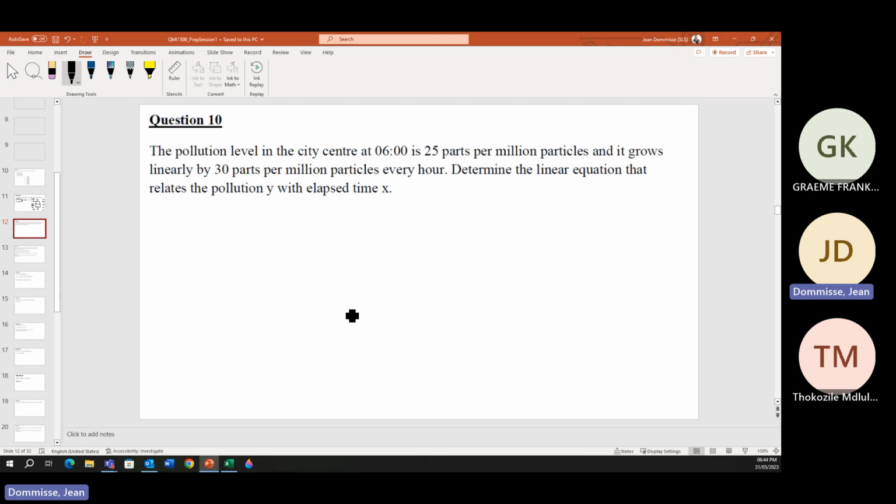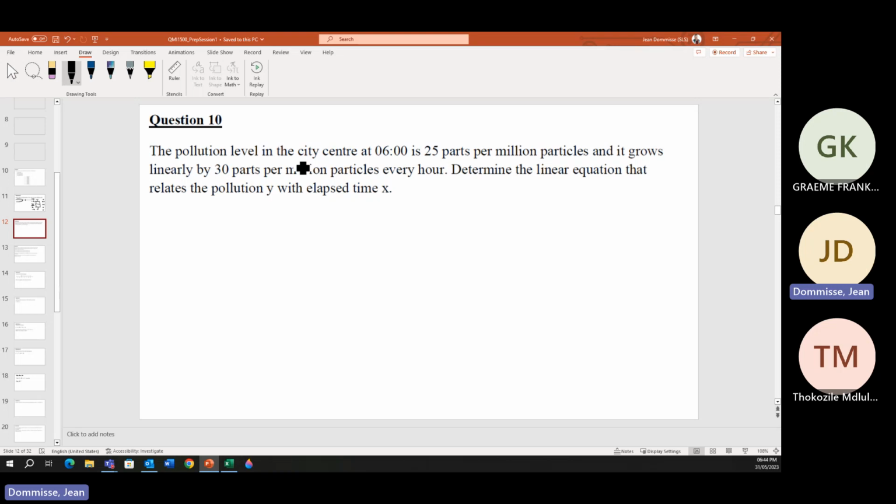Okay, and again, how your last assignment will be, it will be a mixed bag of questions. So now they go into a word sum, but a word sum with an equation linked to it.